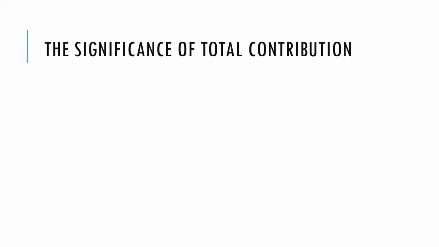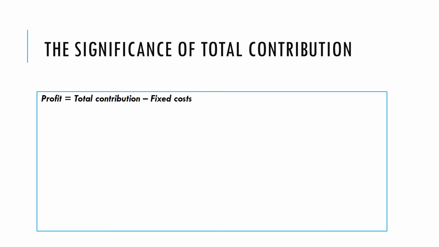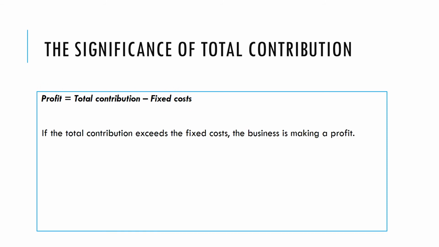So contribution is significant because it helps us work out the profit. Profit we can calculate by taking the total contribution and subtracting the remaining fixed costs. Again, this is a formula we should have down in our notes. Looking at that formula, if the total contribution is bigger than the fixed cost, the business is making a profit, happy days.